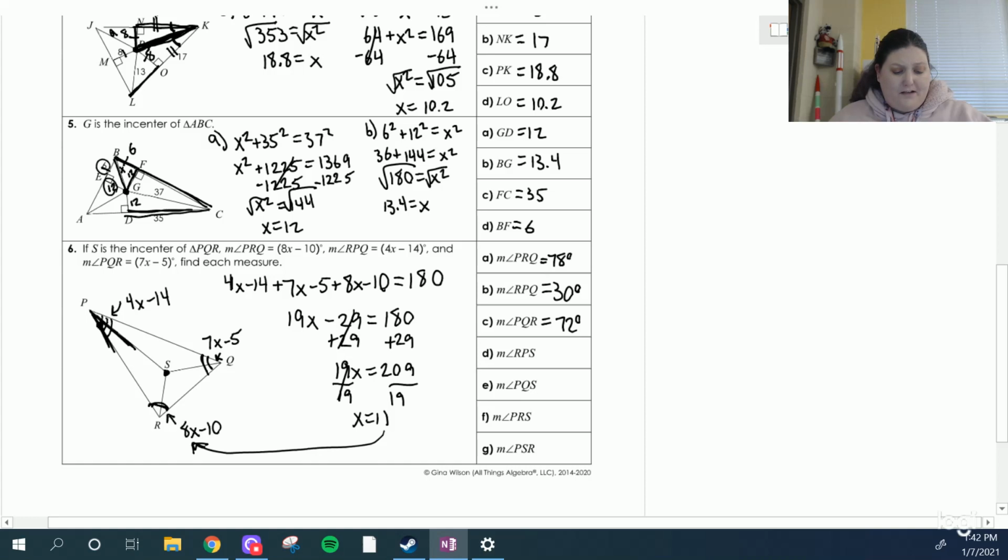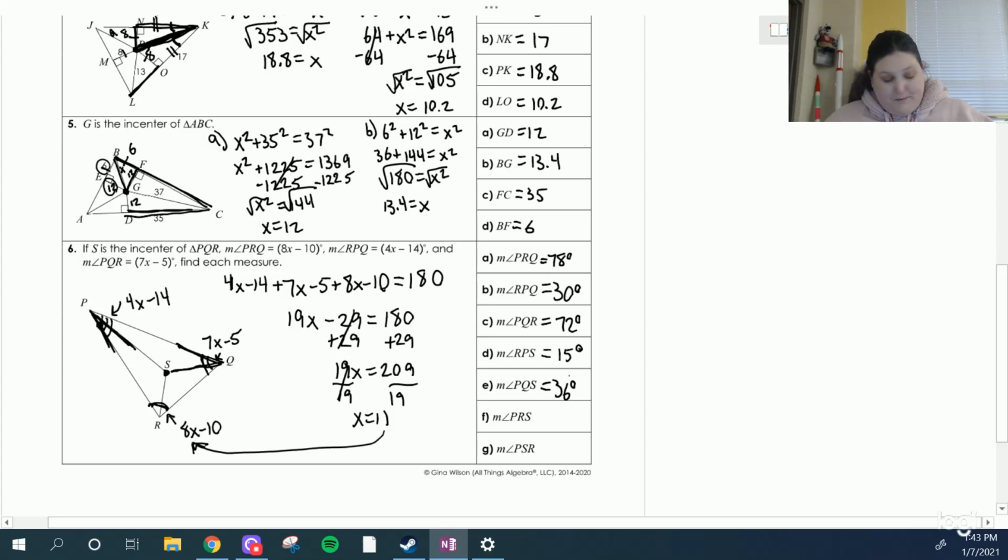So if RPQ is 30, that's going to make RPS 15. Next one is PQS. PQS, again, is this small angle here. And if I know that PRQ is 78, then when I divide that by 2, I get 36.